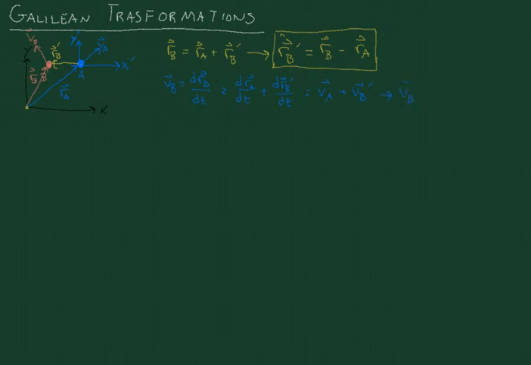So in other words, VB prime is the velocity that A sees B moving at, and that's equal to the velocity of B minus the velocity of A.